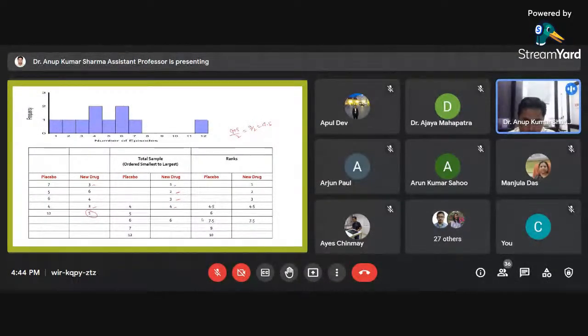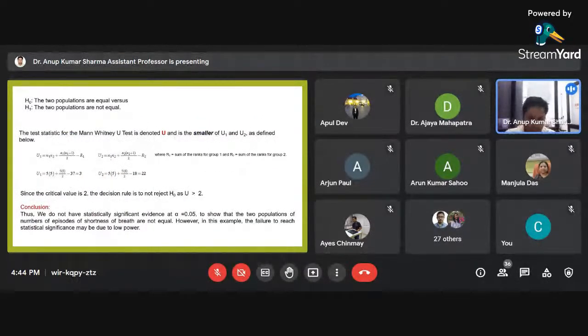So after ranks, obviously we know that in testing of hypothesis, there are procedures: we have to assume the hypothesis, that the two populations are equal versus the two populations are not equal. When we give two medicines, we are checking whether the number of episodes in both medicines is significantly different or not.